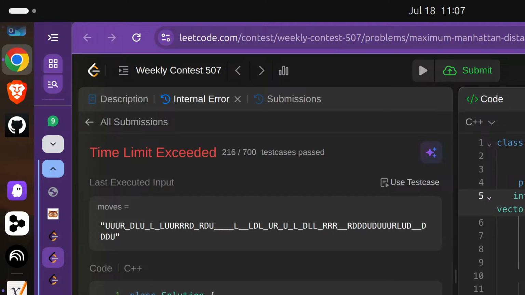Okay, and this dp declaration will be 2 into m plus 1, and here also 2 into n plus 1, and this will be having x plus n, which is offset, x plus n. Okay, so let's see.